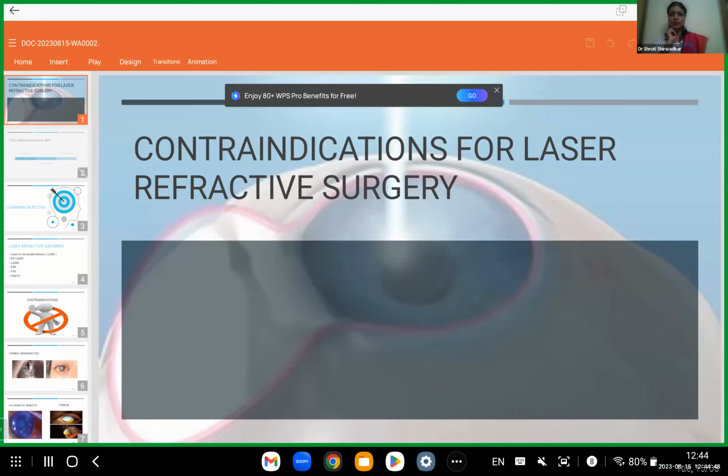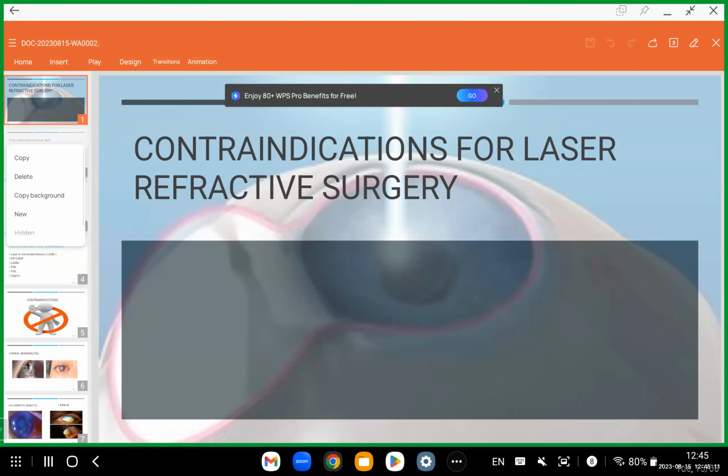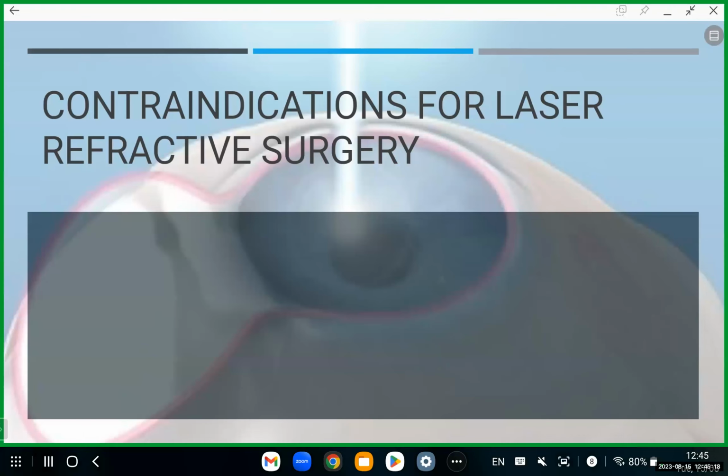Just do it in PowerPoint mode. You can make it full screen, Saurabh. We are able to see your presentation's first slide. Make it full screen.